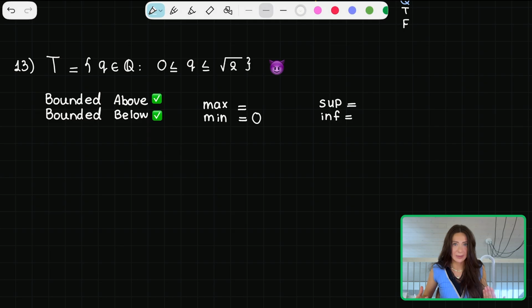It does not. If I had R here, then yes, a maximum would exist. But we have Q there, so maximum does not exist because square root of 2 is not a rational number, it's irrational. Supremum is square root of 2 and infimum is 0.